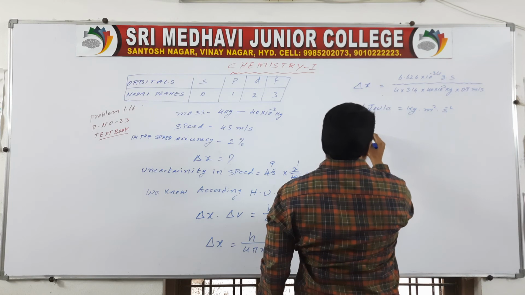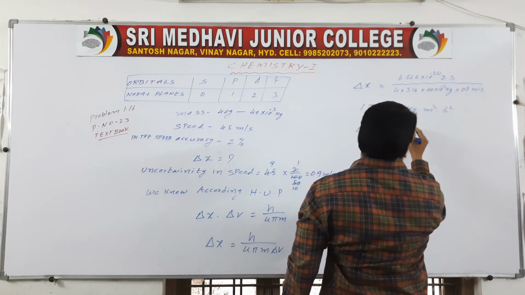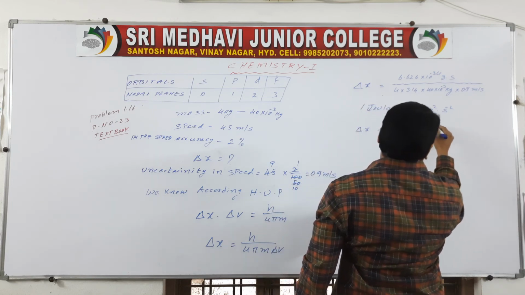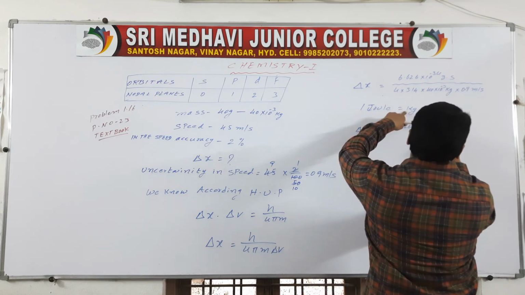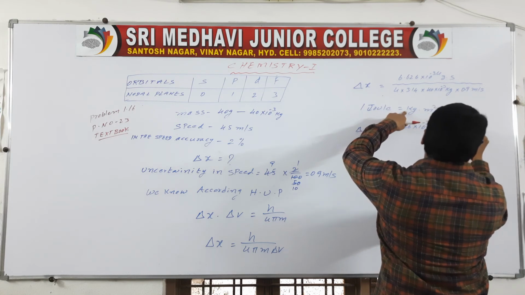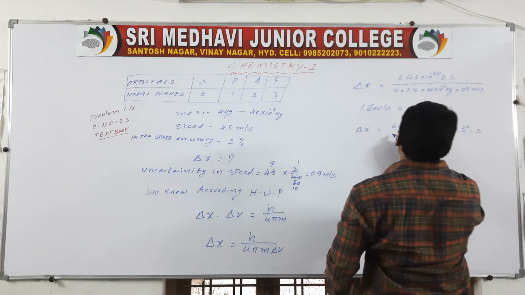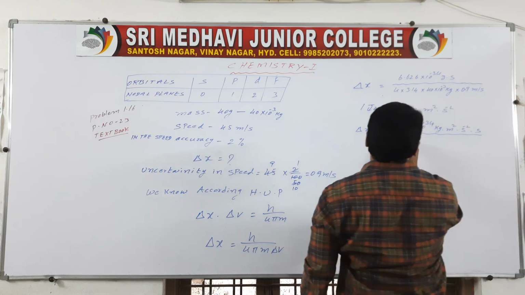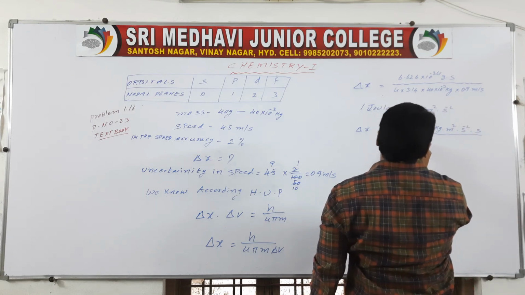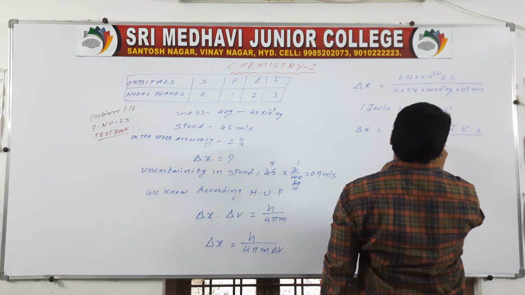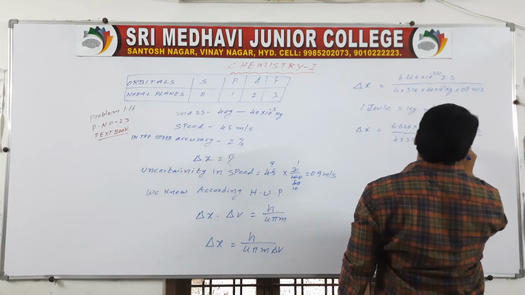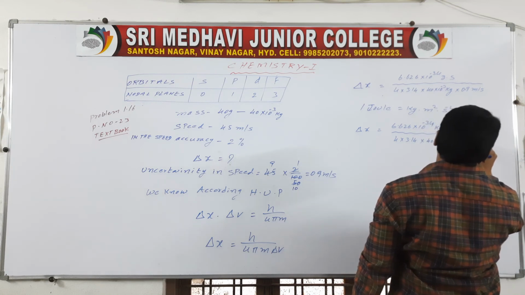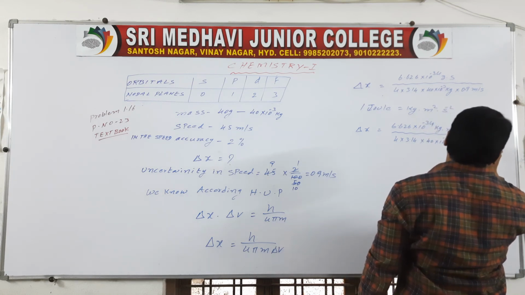Then delta x is equal to 6.626 into 10 power minus 34, in the place of joule I am writing kg into meter square into second minus 2 into second, by 4 into 3.14 into 40 into 10 power minus 3 kg into 0.9 meter per second.